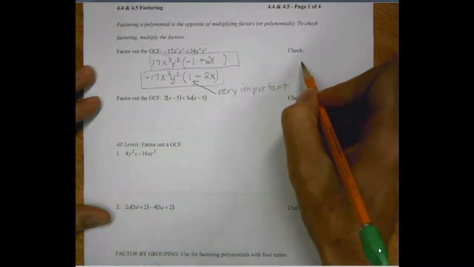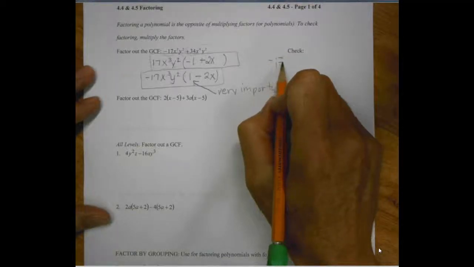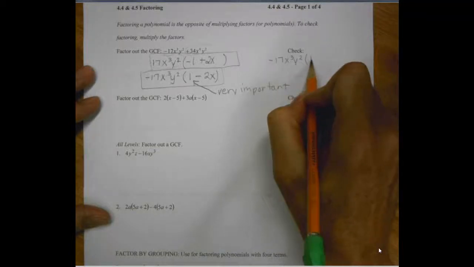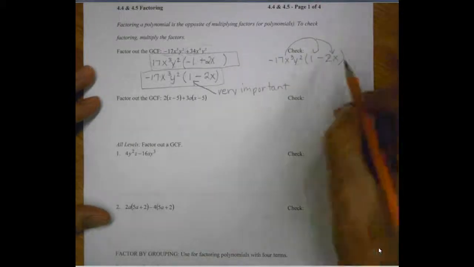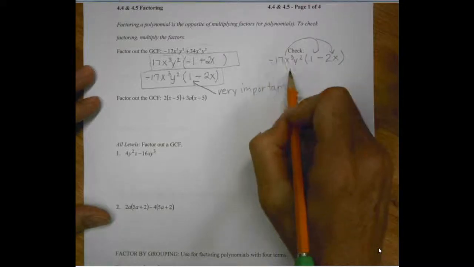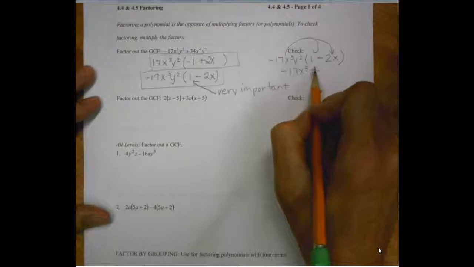And to check, I will, of course, just multiply out. I did some of that for you verbally, but I'll show you one way I can check it out on paper. So I want to distribute my greatest common factor to the first term and to the second term. When I multiply these two, it's negative times positive, so I get negative 17x cubed y squared.